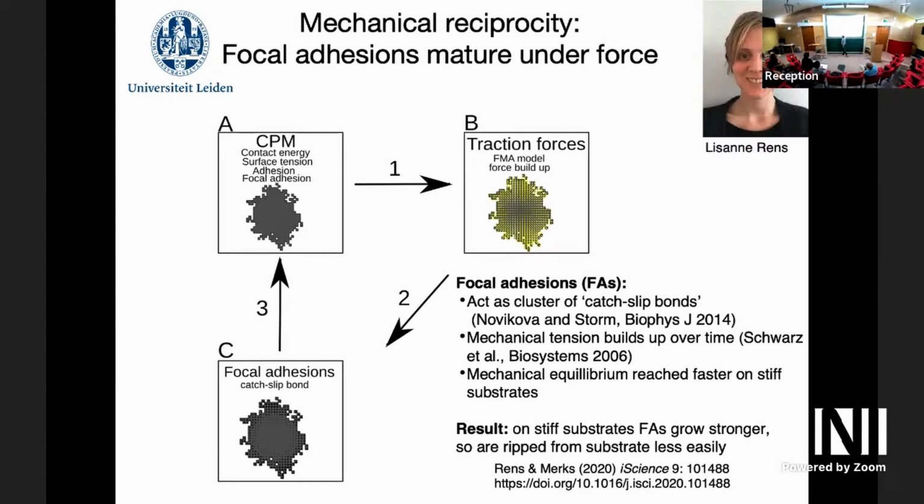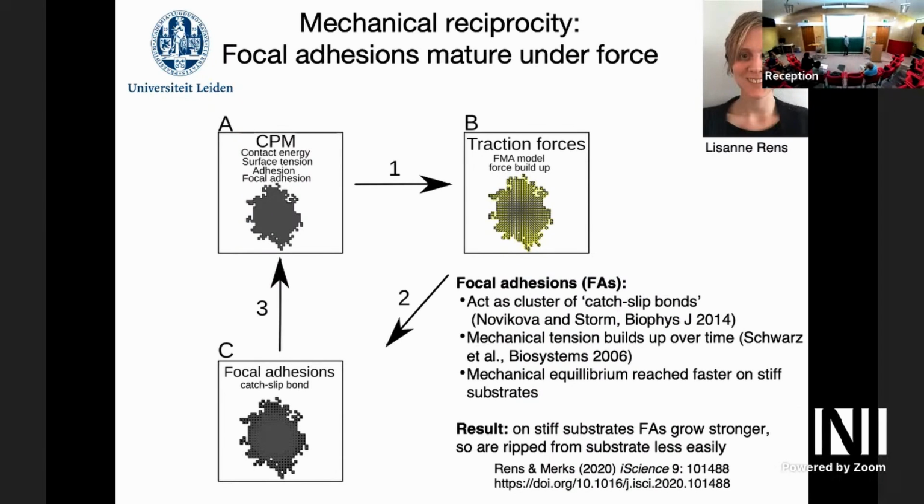What I'm simply saying is that I now have these focal adhesions that I put in the initial model, and I now make them a little bit more dynamic. I put a little ordinary differential equation there, that will say how the adhesion will grow depending on the force that it feels from the cell.